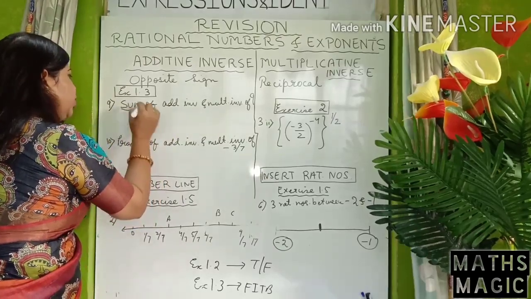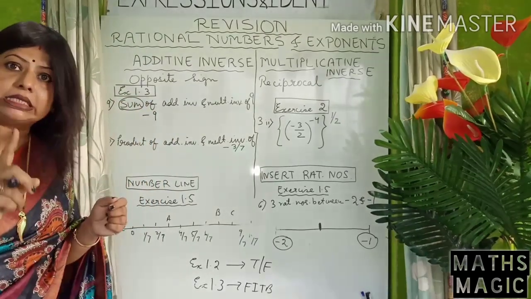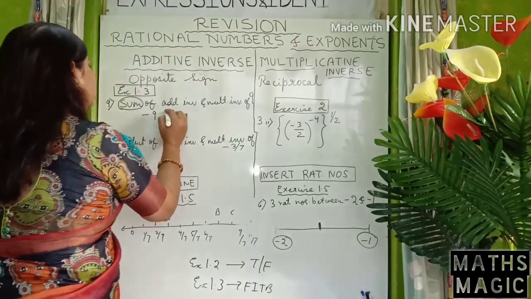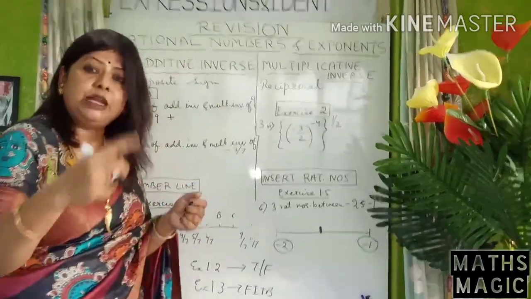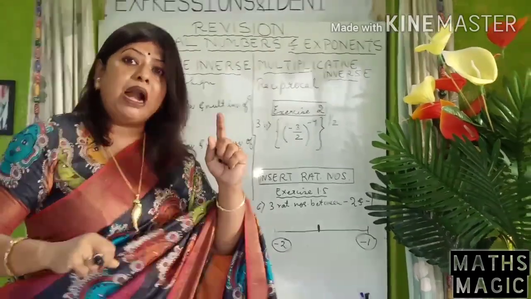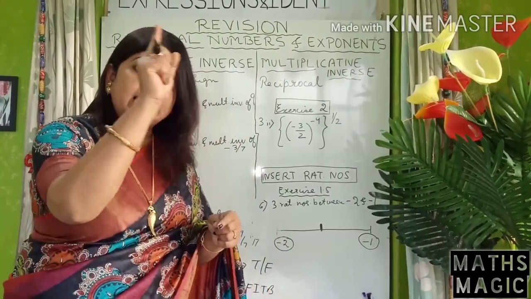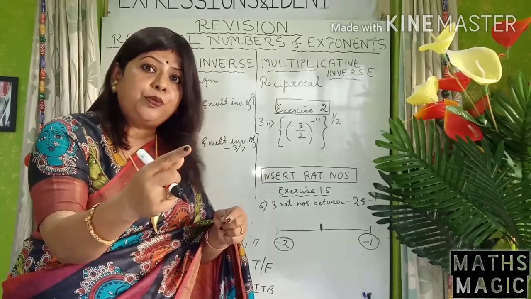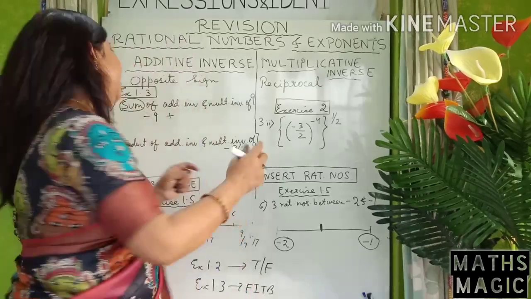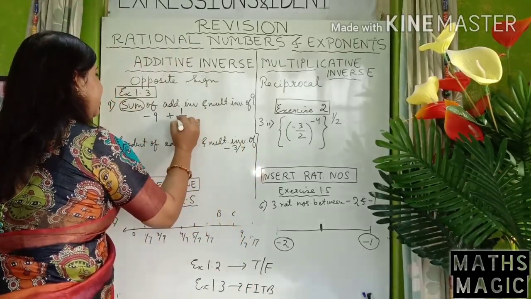Minus 9. What you have to do? You have to find the sum, that means what? Addition. So plus, and then multiplicative inverse of 9. Multiplicative inverse, I have told what? Reciprocal. 9 means 9 by 1. What is the reciprocal of 9? 1 by 9. So plus 1 by 9.